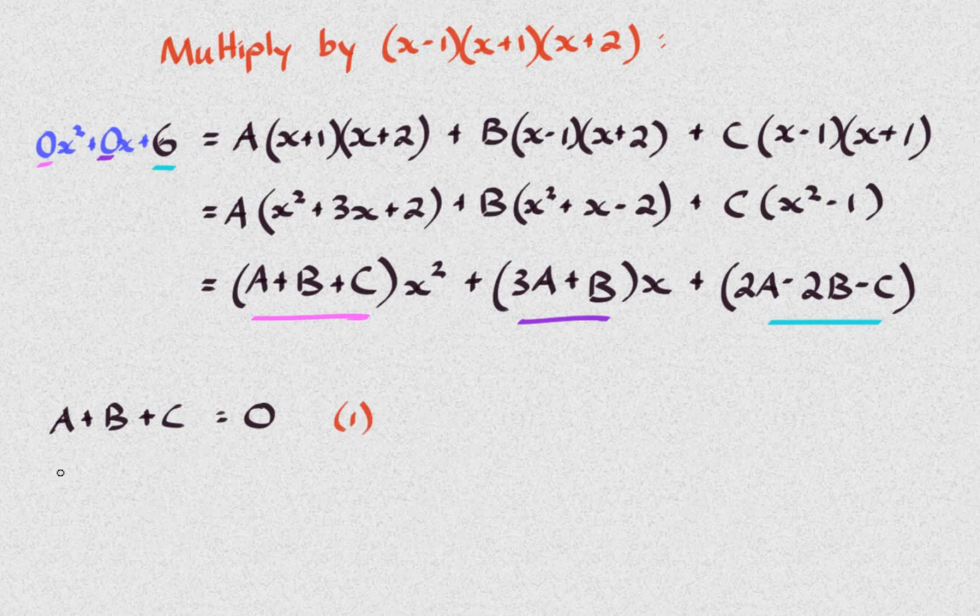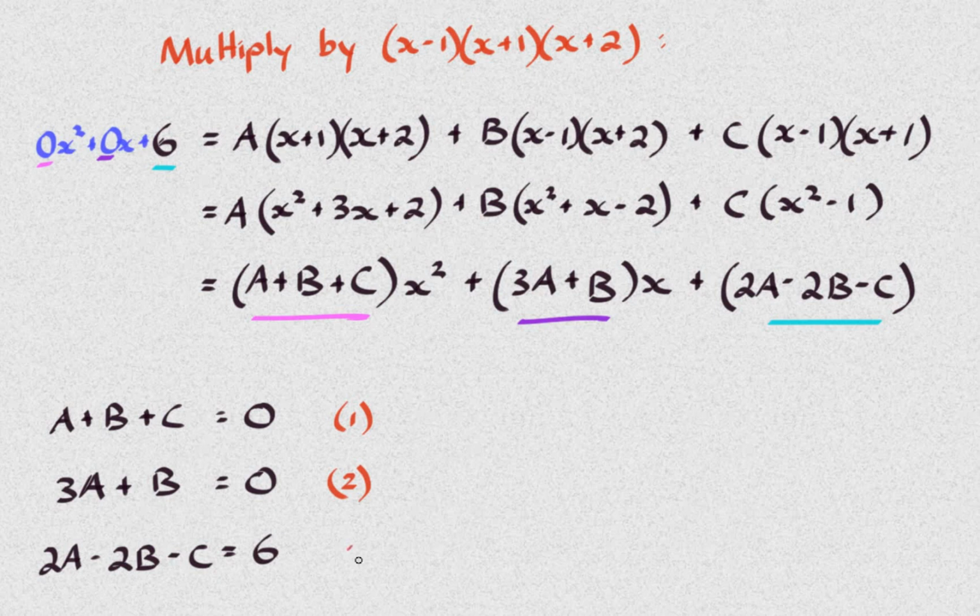Equation 2, 3a plus b is equal to 0. And then our third equation, 2a minus 2b minus c equals 6. And so now it's time to solve.